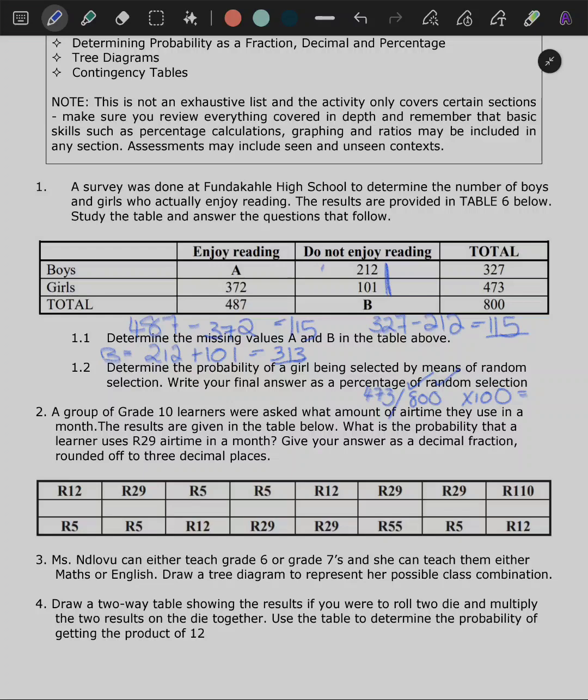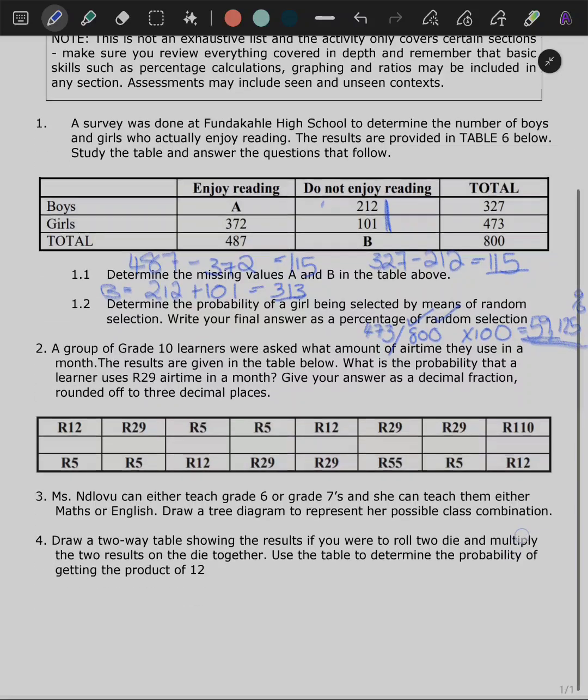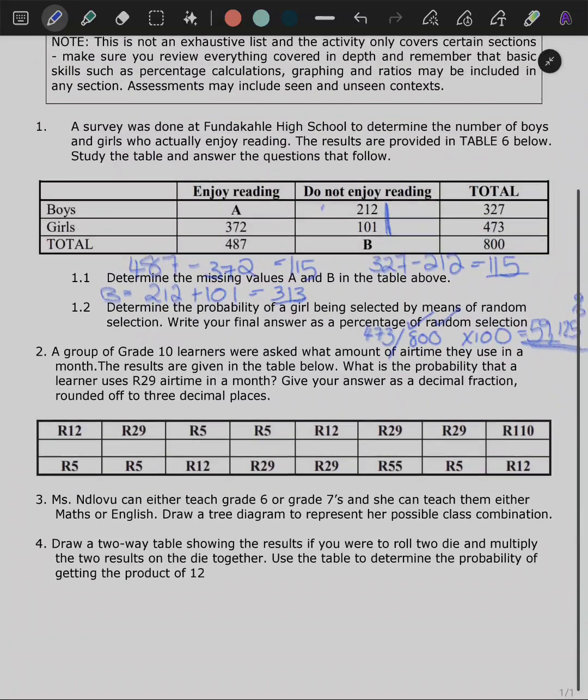So 473 over 800 times 100 gives us 59,125%. That makes sense, because half of the group would be 400, which is 50%, so slightly more than 50. Remember, you're always wanting to be thinking, does your answer actually make sense to the numbers and the information we've been given?